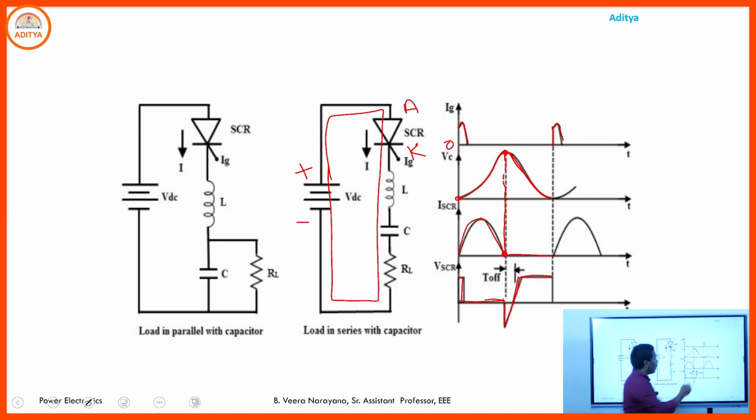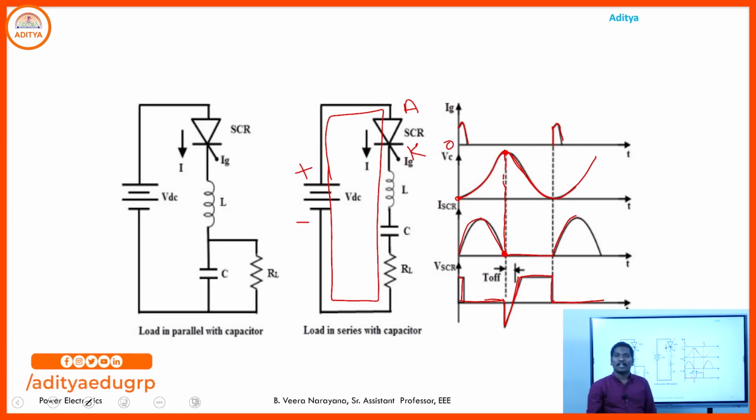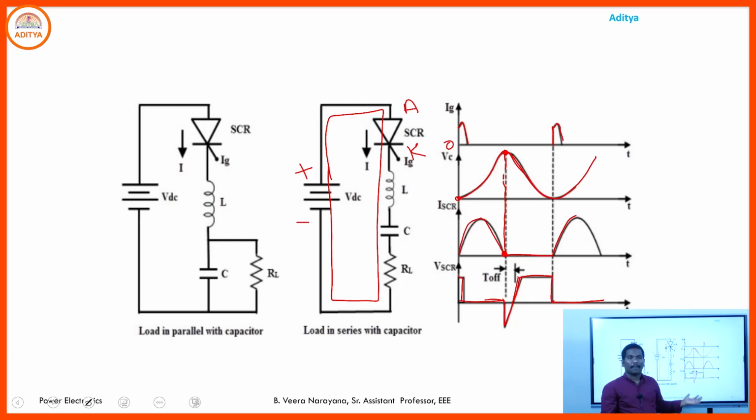Then again at this instant the capacitor starts charging, and you have some current flow through the SCR, and correspondingly there is no voltage drop across the SCR, and the voltage across the SCR is 0. So in this way, depending upon the charging condition of the capacitor, we commutate the SCR.